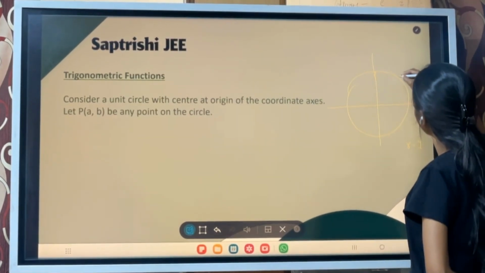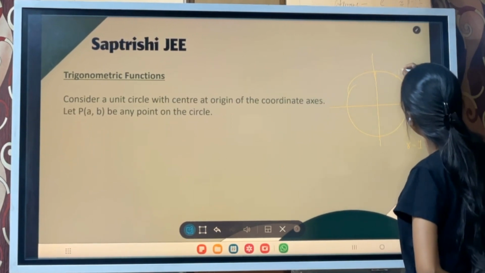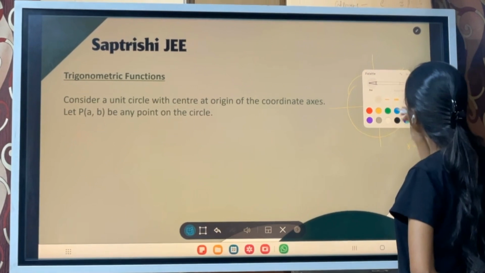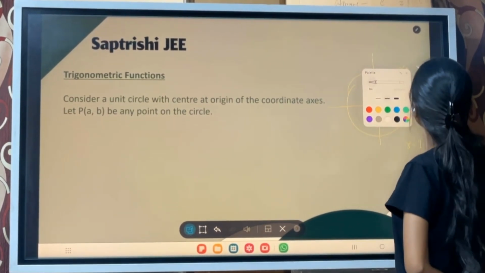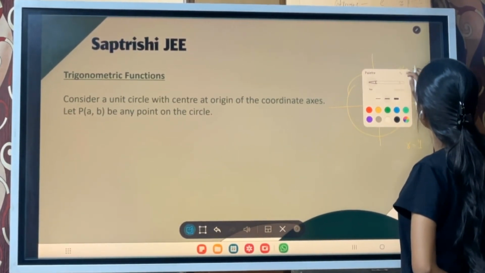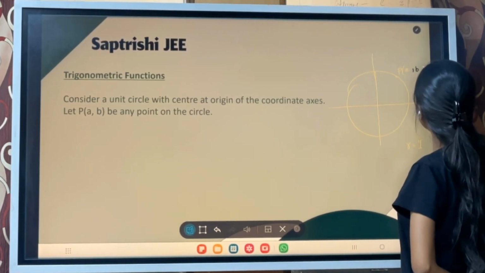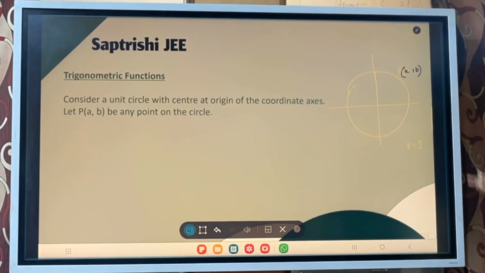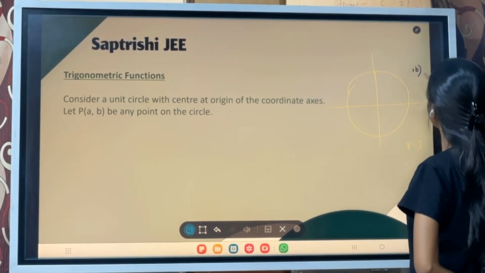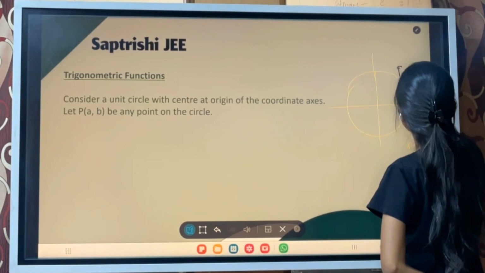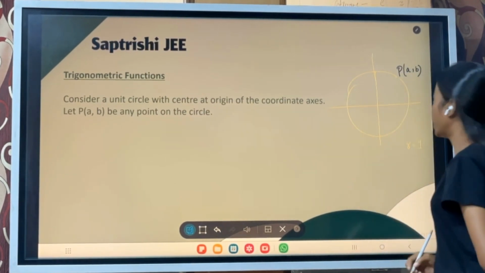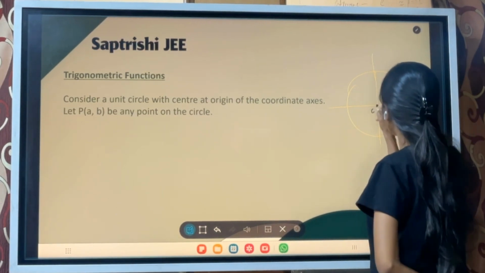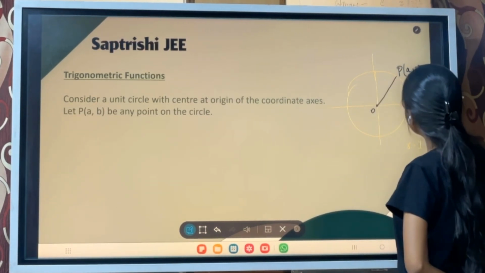Now let us consider a point on the circle. Let it be P. Let's give its coordinates as A, B. And the circle is with respect to the origin O. Let's connect this.